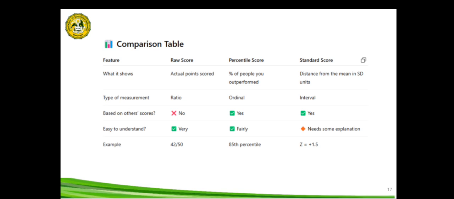The percentile score is fairly easy, while the standard score needs some explanation to understand. We have here the example: the raw score is 42 over 50. That 42 is the raw score, or the correct answers for the test, while the percentile score is the 85th percentile. We have the standard score where Z is equal to positive 1.5.